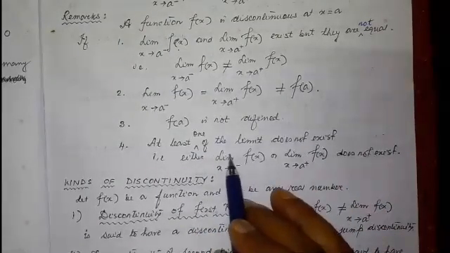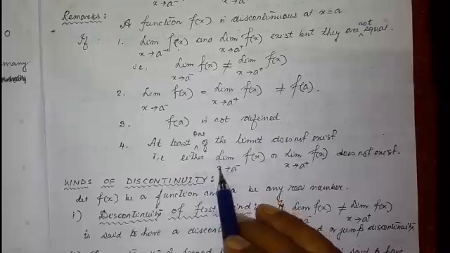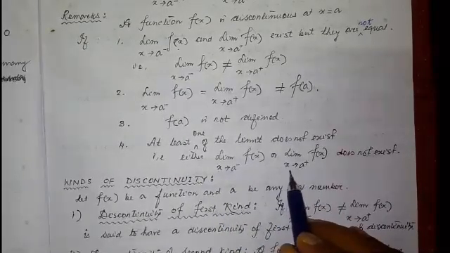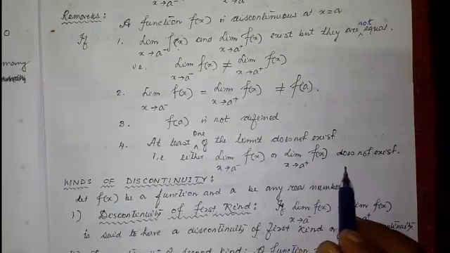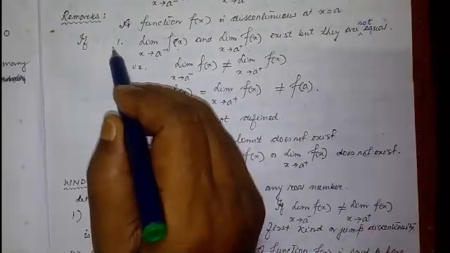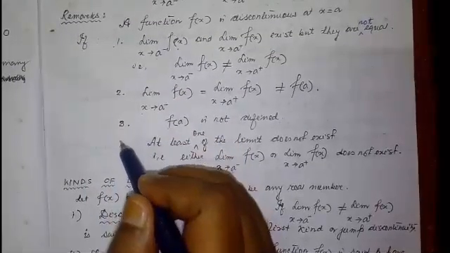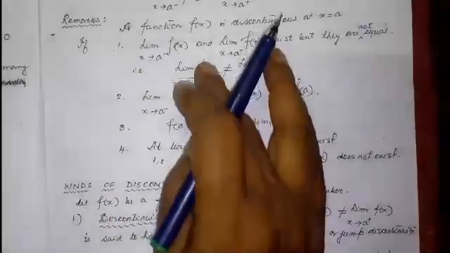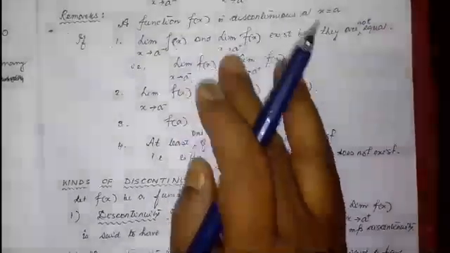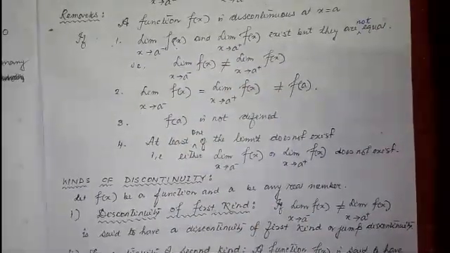That is, either limit x tends to a minus f(x) or limit x tends to a plus f(x) does not exist. So these are the four cases for which a function is discontinuous.